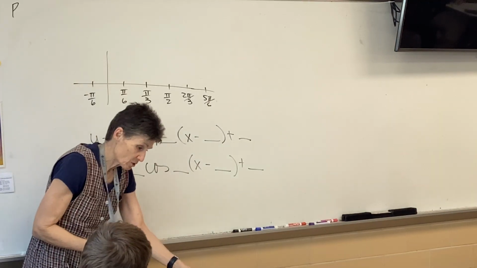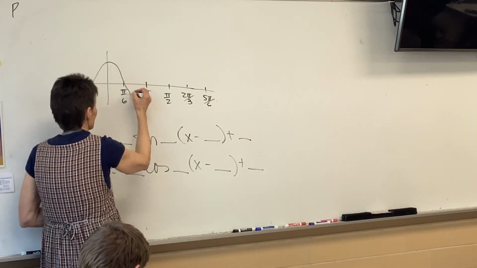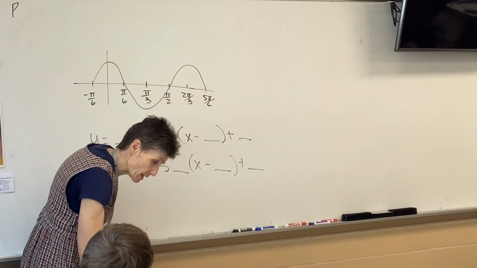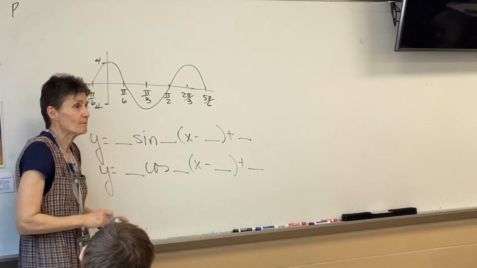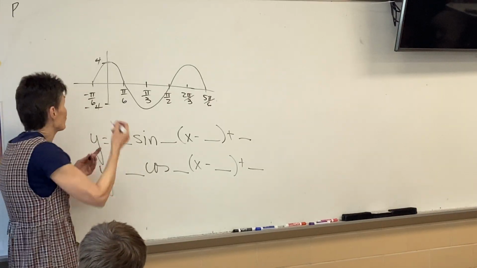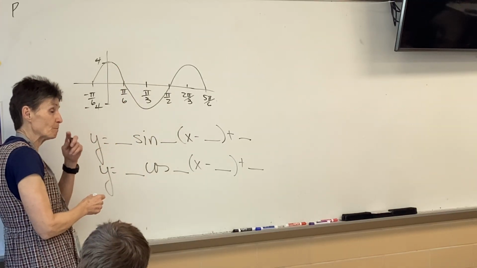Oh, I don't have a picture. So when you see that shape, what do you think of? What do you want to write first? I think of sine. When I look at that, the way I drew it, I started doing it like that. So I'm going to write a sine curve.